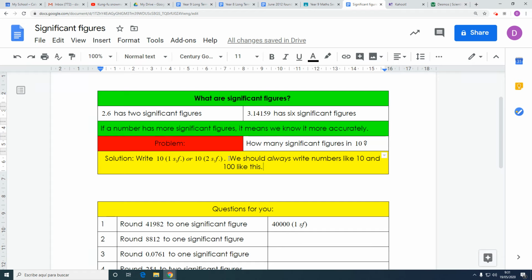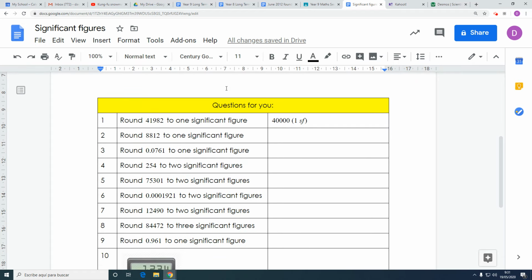Okay, I've done this one for you already, this top one, and I'm also going to do the second one as well. Now it says rounded, and the question that you have to ask yourself is this: 1 significant figure, so it's going to be either 40,000 or 50,000.